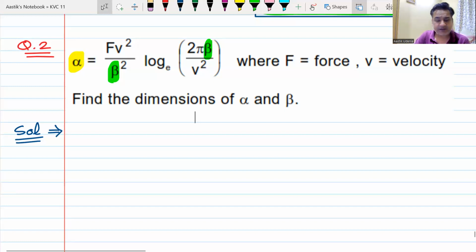Even if we don't get the right answer, I am not so much worried about an answer. Eventually, you will get the right answer. I'm more worried about whether you are trying or not, whether you understand what has to be done and how it has to be done. That is more important.